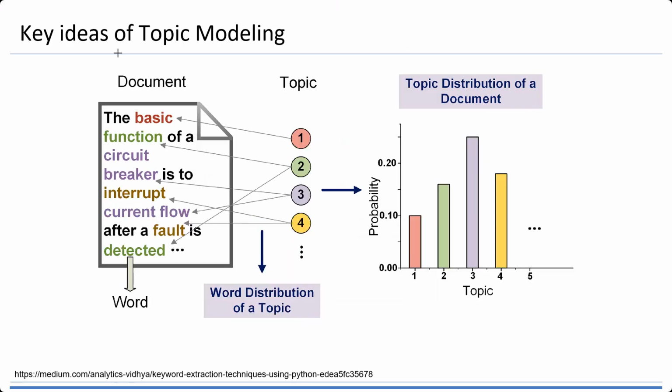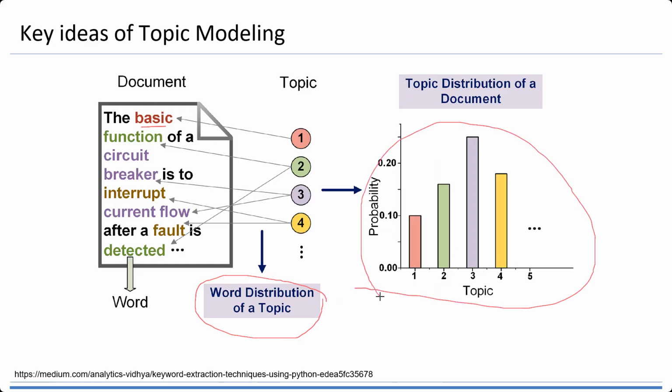The key idea of topic modeling actually is from the document, and then we need to select the particular word which might be of interest for being a topic. So for this kind of word, we need to check the distribution. The distribution will be a kind of histogram.